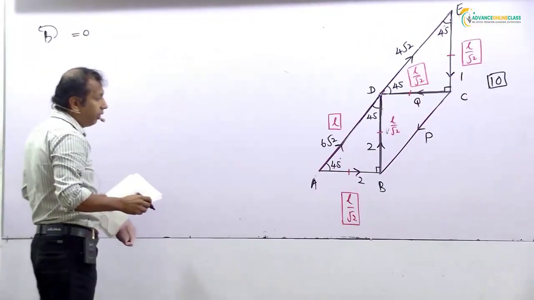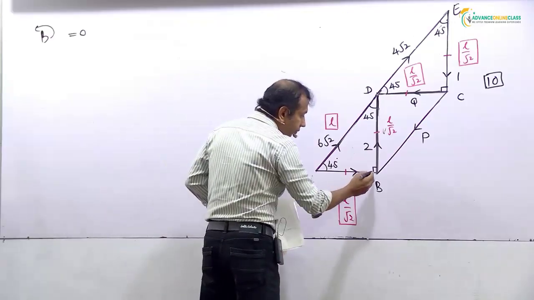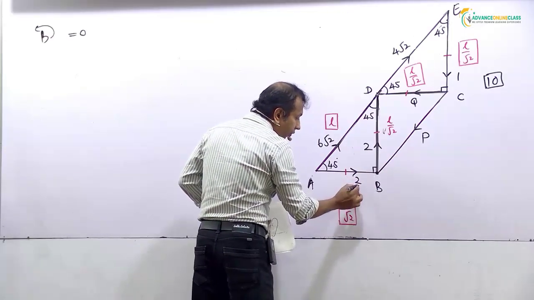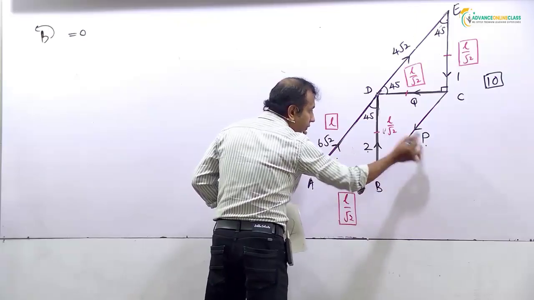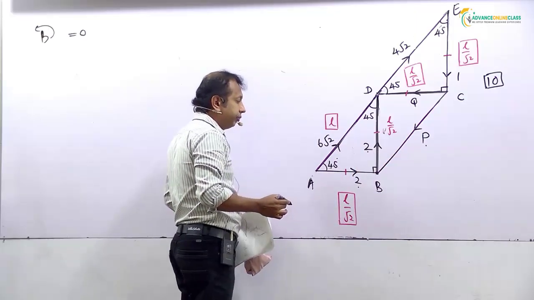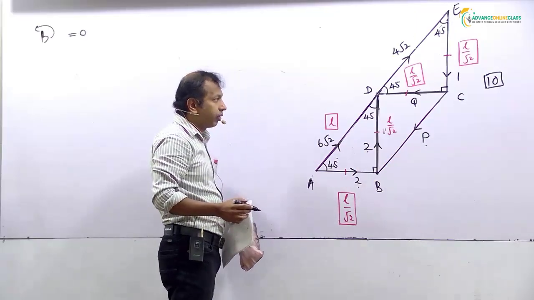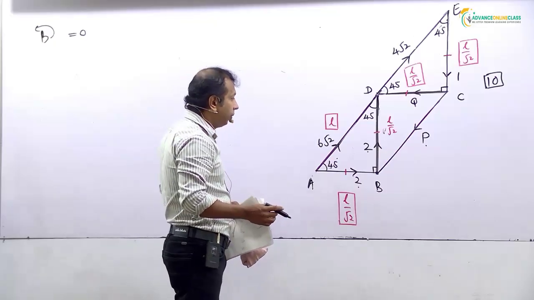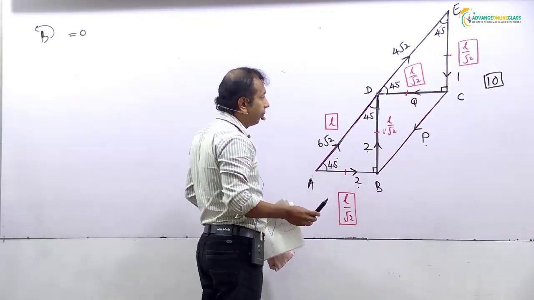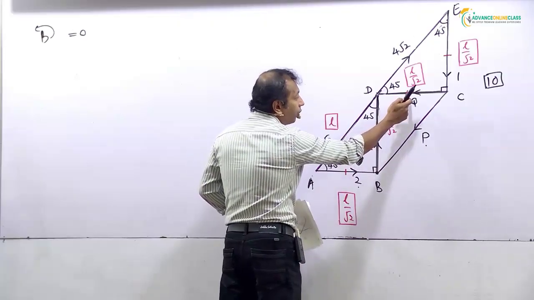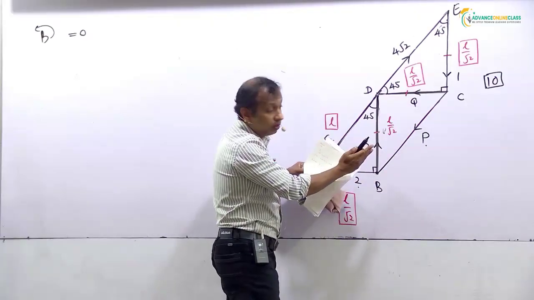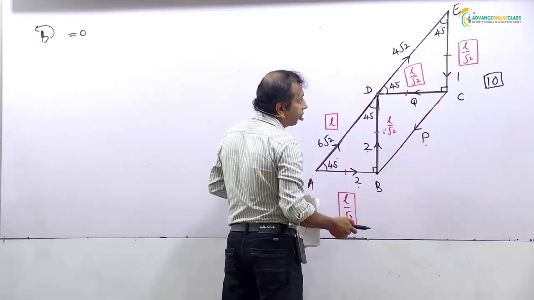Around B, what do you get? These three forces won't give. Around B, Q gives an anti-clockwise moment.